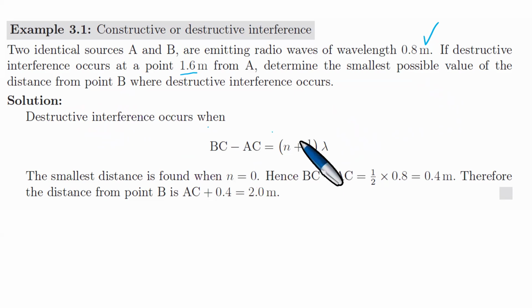Destructive interference. So now at this point we have two identical sources, A and B. In other words, there is a source A and then there is a source B. And like we saw before, there's something special about these two sources because they are sources of radio waves, and these radio waves meet.